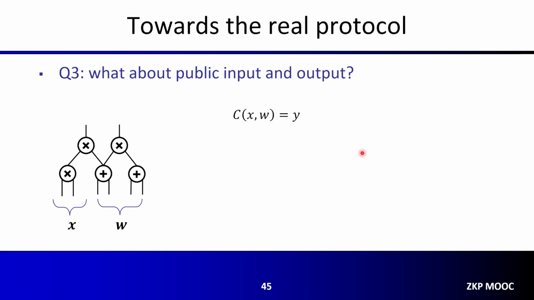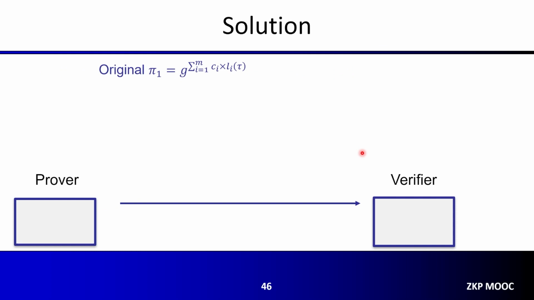Well, it turns out the fix to this issue is actually relatively simple because of the nice algebraic structure of the proof. In the original version I was describing, each proof, I'm using pi1 as an example, equals g to the power of the summation of ci times li(tau) for all i from 1 to n.